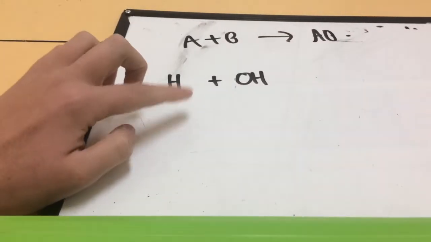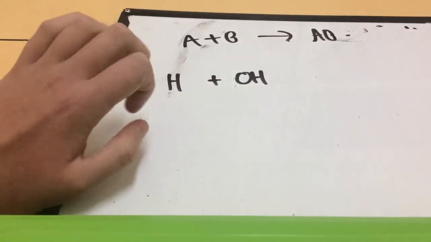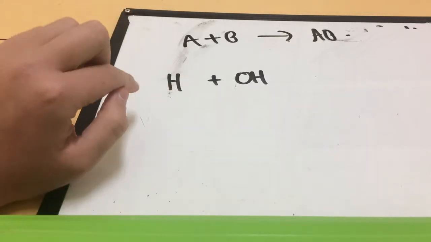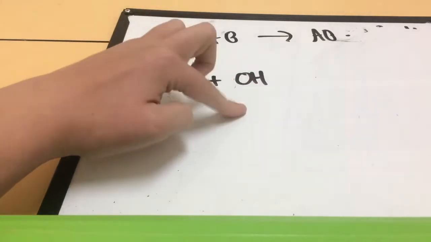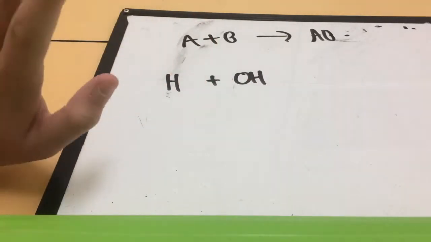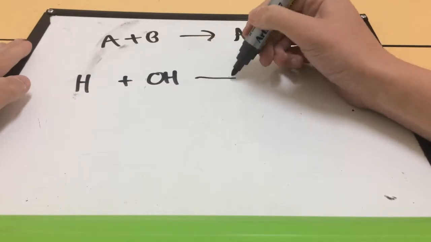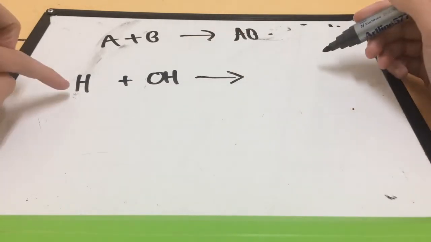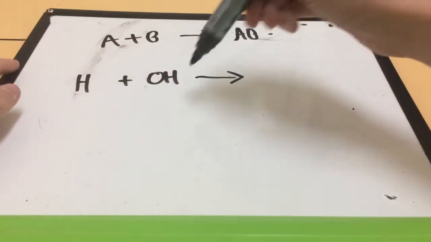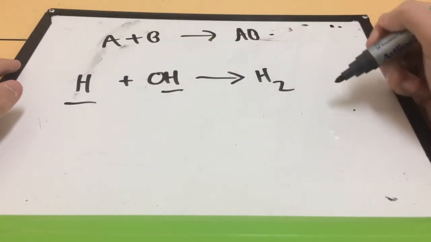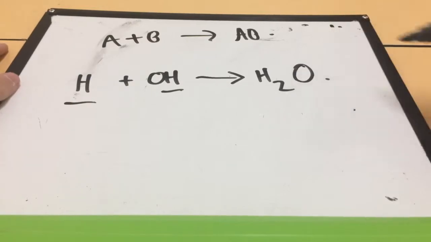No, it's not two hydrogens and oxygen. You can split it into its gases, that's called electrolysis, but don't worry about that. Water is made of hydrogen and hydroxide ions. Don't worry about what an ion is, that'll be the next couple of episodes. Might even be next episode, I've got to work out what I'm doing. So hydrogen and hydroxide, we've got two hydrogens, H2, and one oxygen, O.